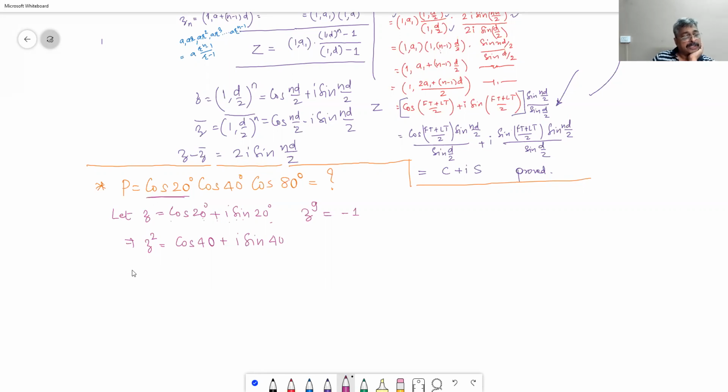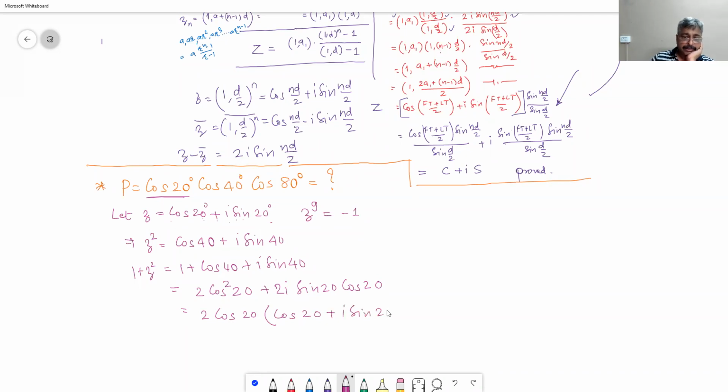So now let us understand these steps. 1 plus Z raised to 2 is equal to 1 plus cos 40 plus I sin 40. 1 plus cos 40 is 2 cos square 20 plus 2 I sin 20 cos 20, which is equal to 2 cos 20 inside bracket cos 20 plus I sin 20.